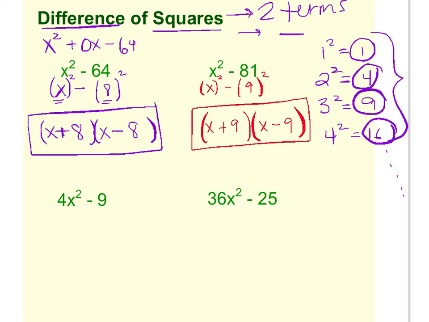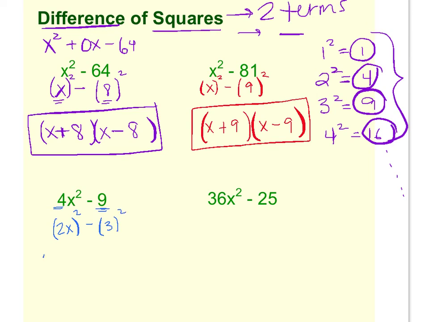So these bottom two look a little bit different, but they're not that bad. Again, is it a difference of squares pattern? You've got two terms with subtraction, so far that looks good. And then did we square anything to get each term? If you notice, 4 is a perfect square number and 9 is a perfect square number. So this is like if we took a 2x and squared it, and then squared a 3.